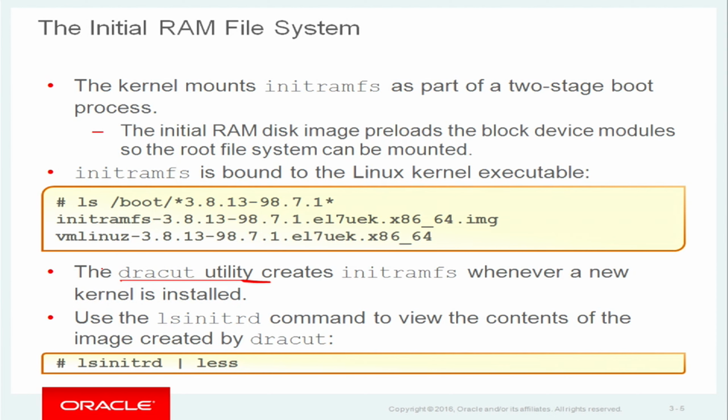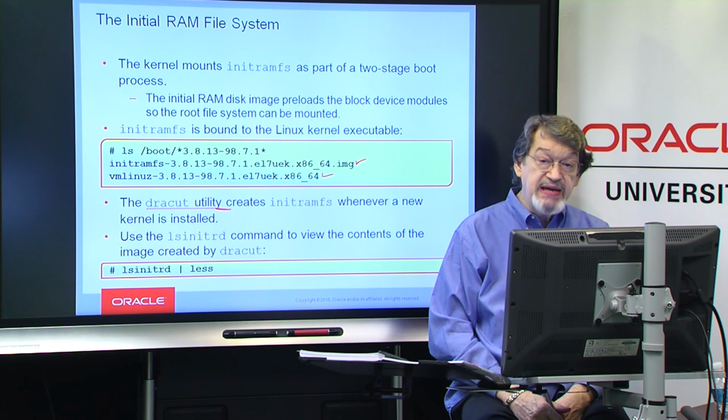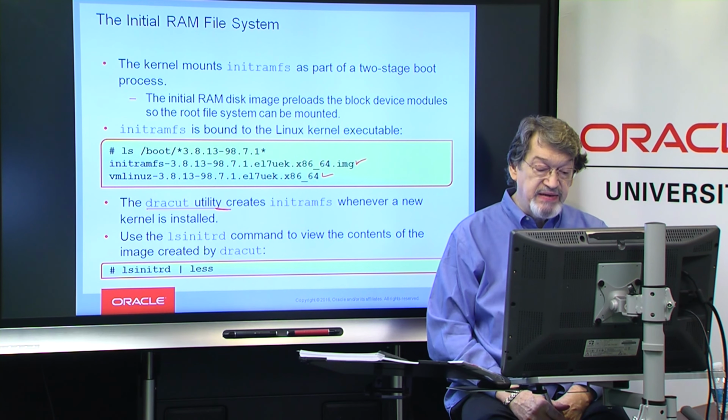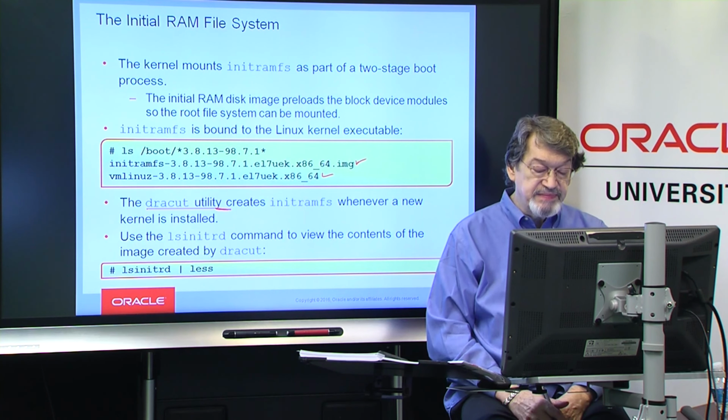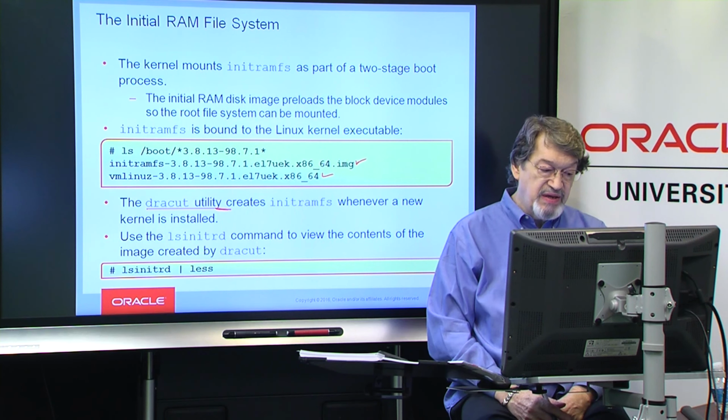And so in the examples that we have up here, we have an init RAM disk image, and that corresponds to the vmlinuz kernel image. Those are identical, okay?